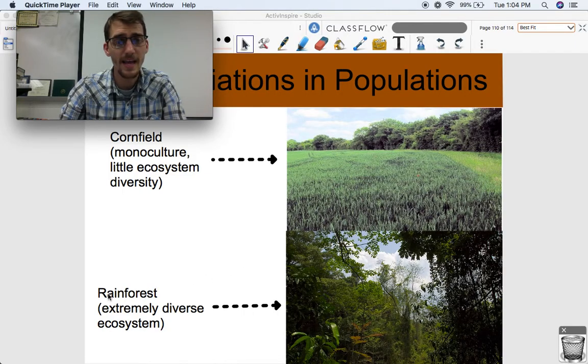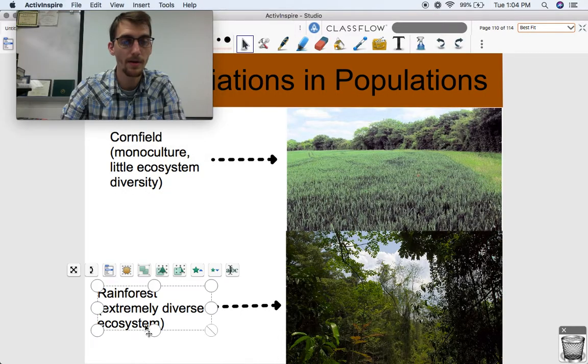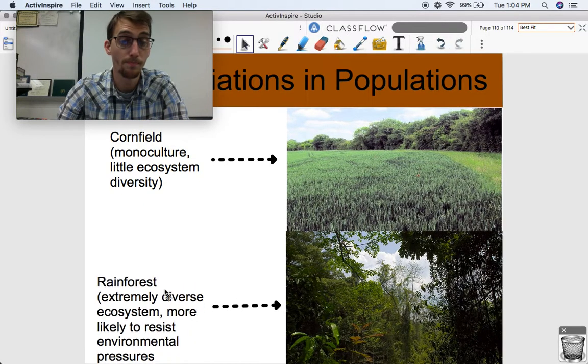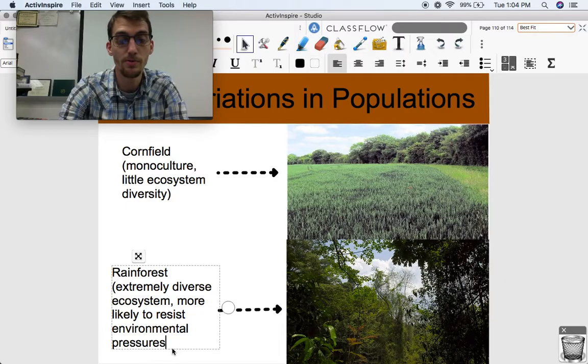Okay, but say a rainforest, where you have an astonishing variety of living things, plants, animals, fungi, everything. That ecosystem is going to be more likely to resist environmental pressures, or become more resilient to them.